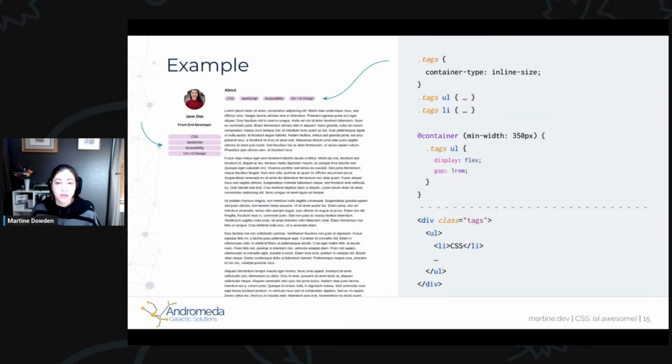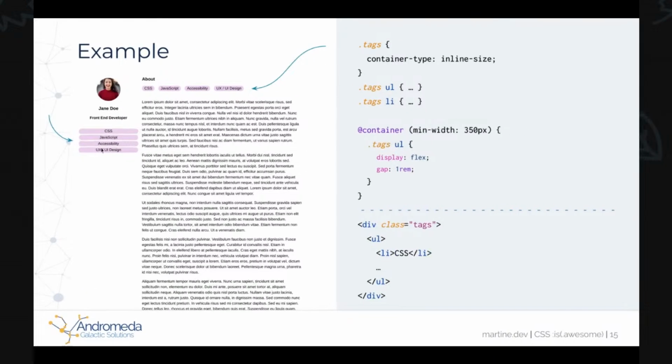Once you've established what your container is, so in this case, if we look at these tags, if I have an element for tags, and I want it to be able to be anywhere, but if it's in a small area, if the area is narrow, I want it to stack them. If the area is wide enough, I want them inline.